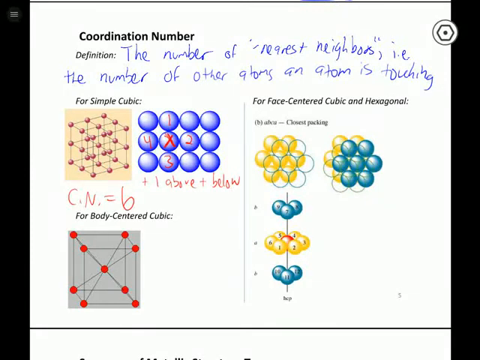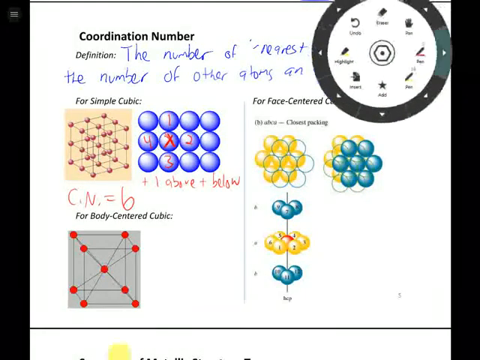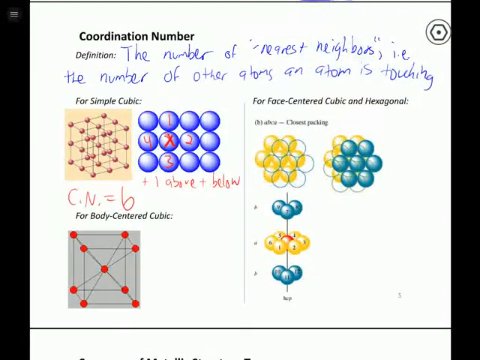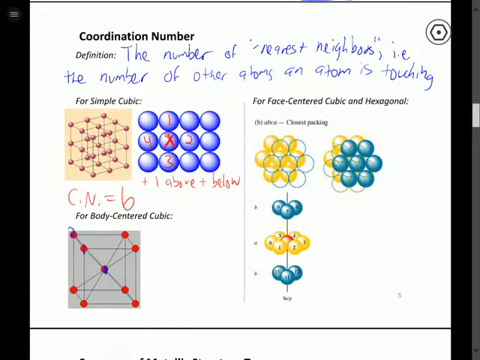For body-centered cubic, it's actually pretty straightforward to visualize because here, if we just look at the atom in the center, it's bounded by all of the atoms on the corners of the cube, and there's 8 corners. So 1, 2, 3, 4, 5, 6, 7, 8. So there's 8 total atoms touching that atom, so the coordination number is 8.